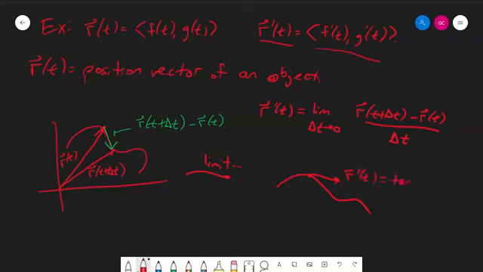So this is a tangent vector. And in fact, in the case where r is the position, then r prime is going to be your velocity vector. So your velocity is, of course, changing over time as you move along this path. And your velocity is always tangent to your path.